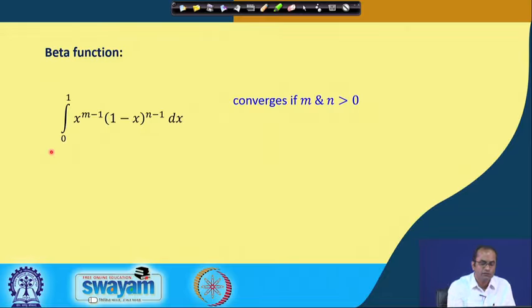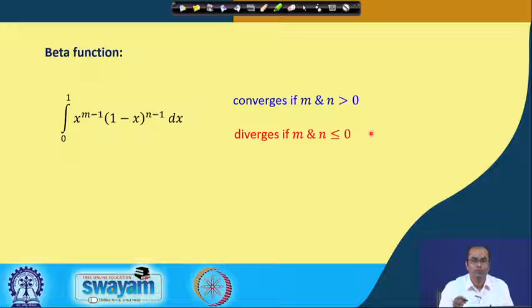So, this integral will converge when m and n are positive, greater than 0, and any value they can take, because we have already discussed the convergence. And for divergence, if m and n are less than or equal to 0, in that case this integral diverges. So, whenever we take this beta function, we will assume m and n greater than 0, because the integral diverges when m and n are less than or equal to 0.